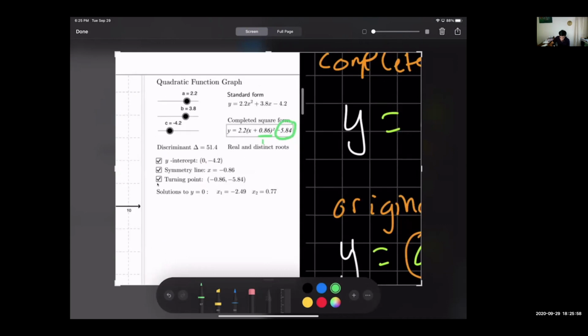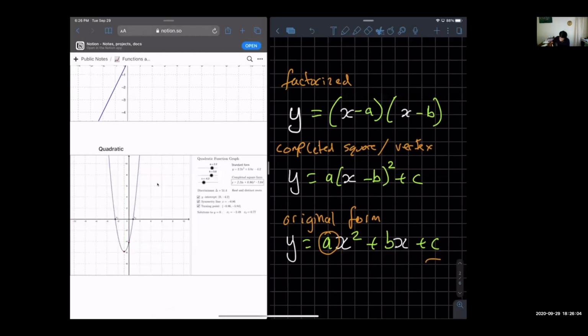And if this is negative 5.84, this stays as negative 5.84. So you will notice there's a negative sign here, right? This negative sign just means that if you increase b, then the root goes more and more negative.